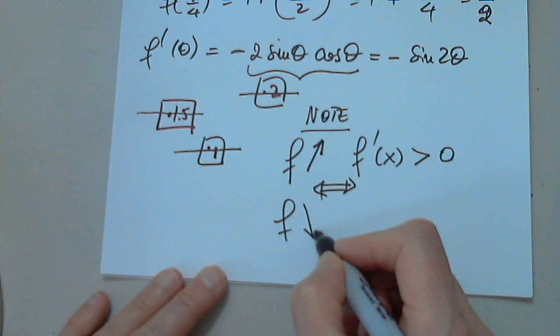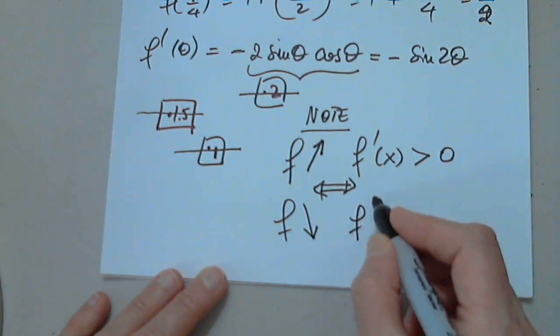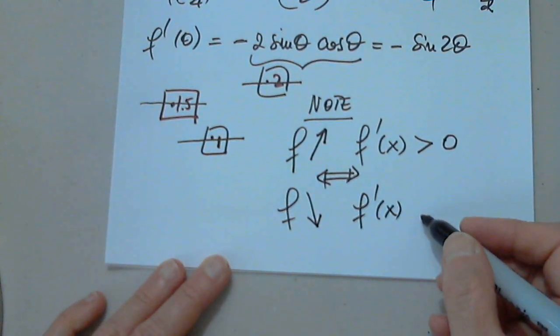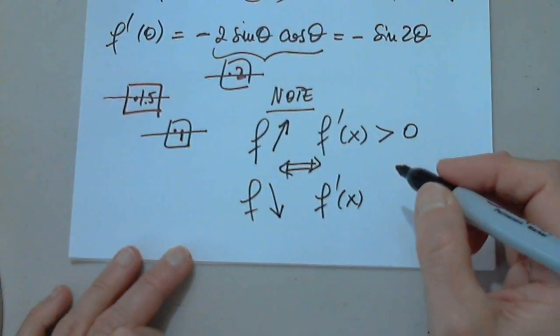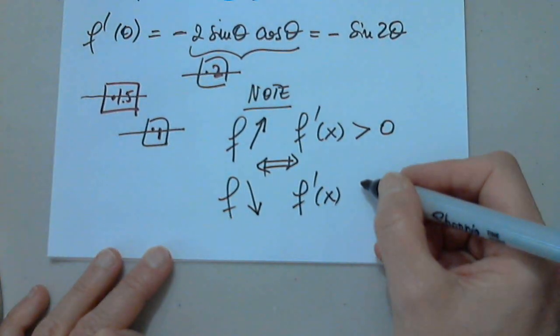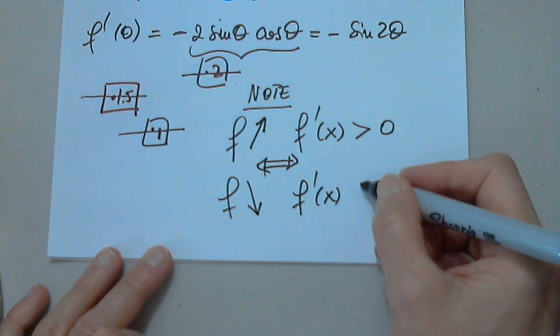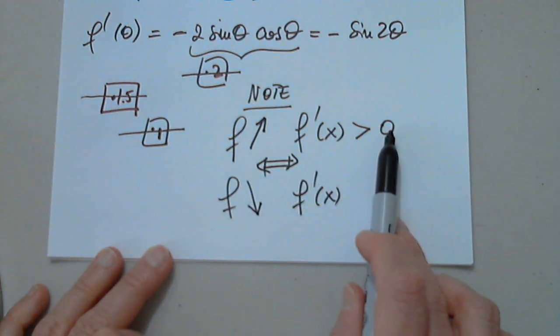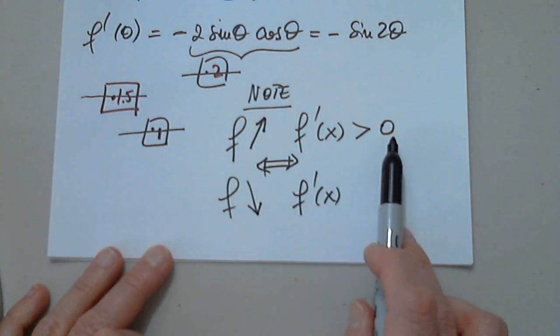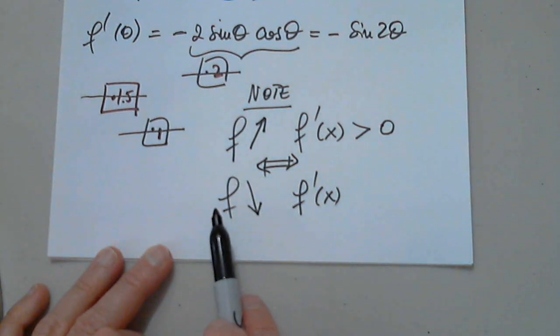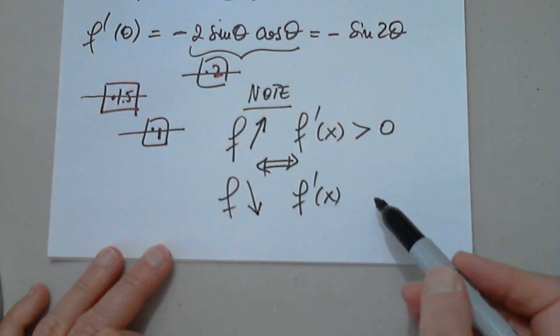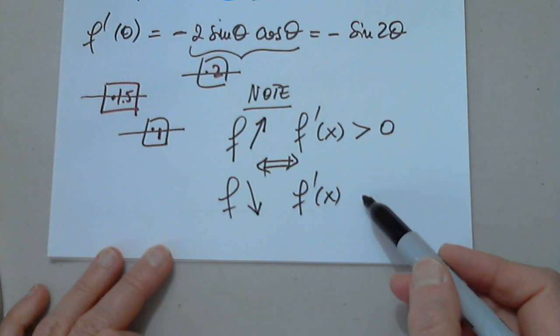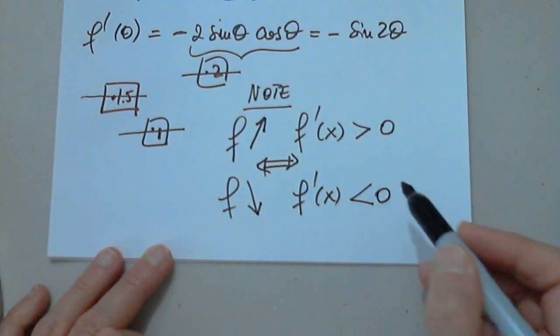If f is decreasing, it means that f prime of x is negative.